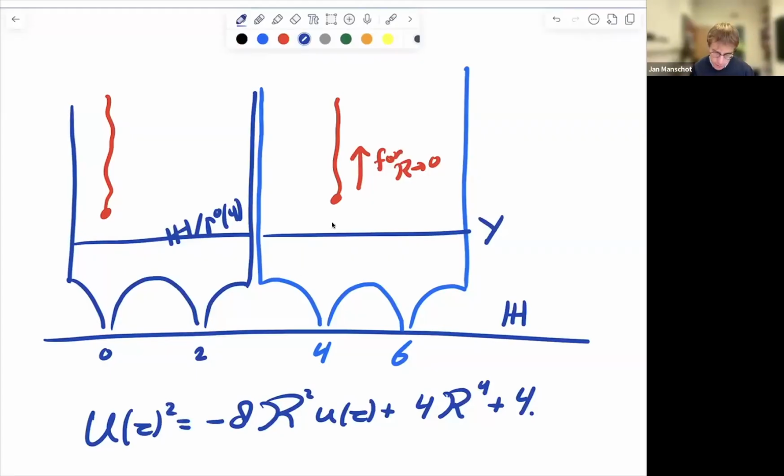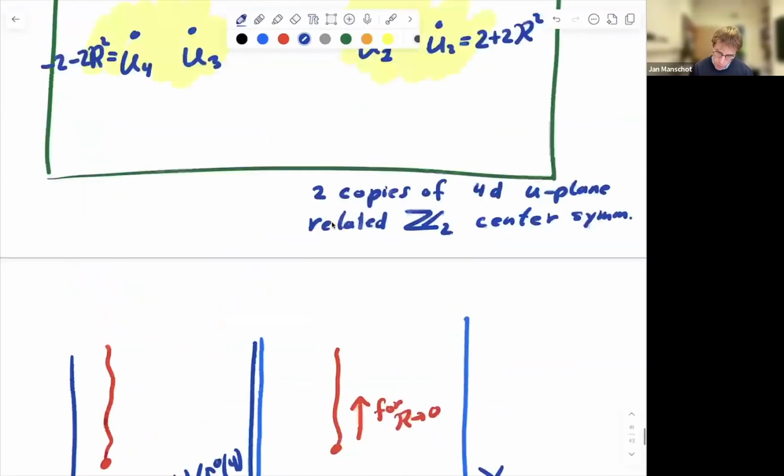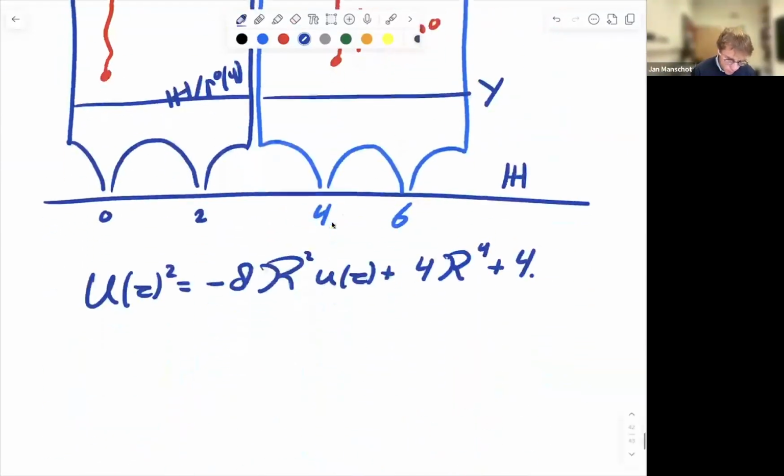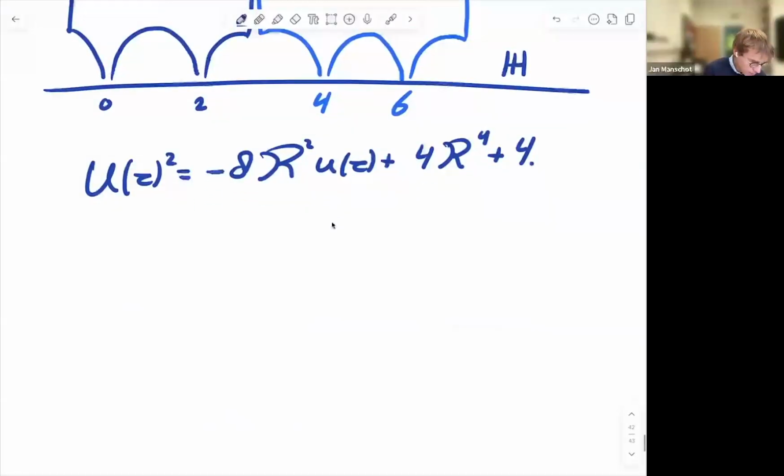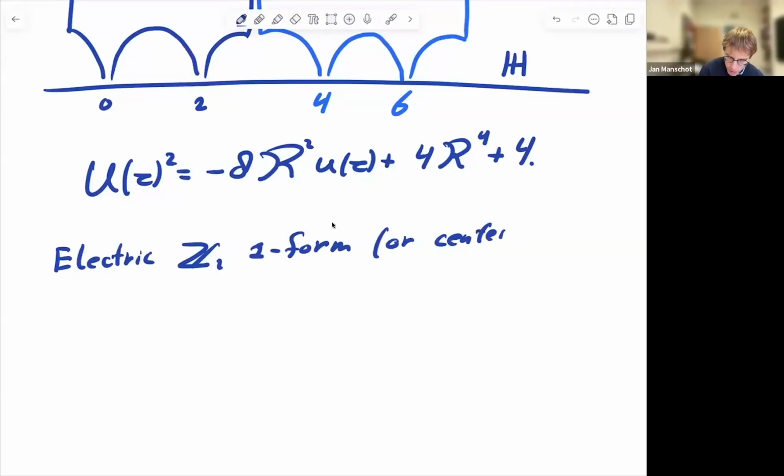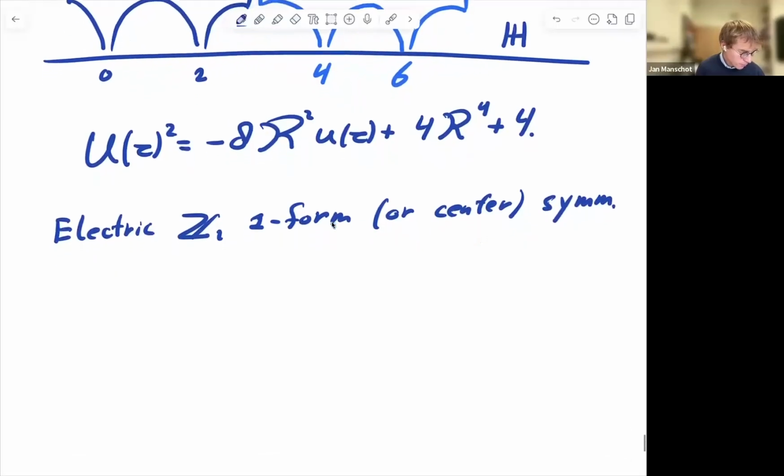I already mentioned we have this electric Z2 form symmetry, or in the older literature it's known as a center symmetry, because it corresponds to the center of the gauge group. We shift A by a Z_G valued flat connection.